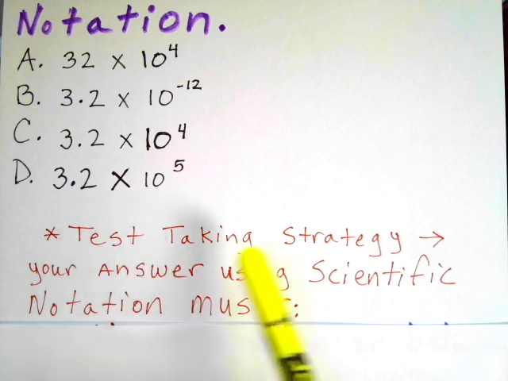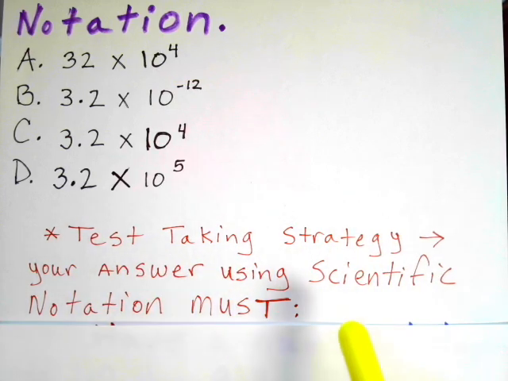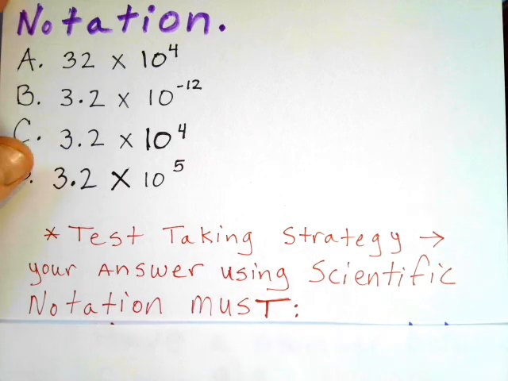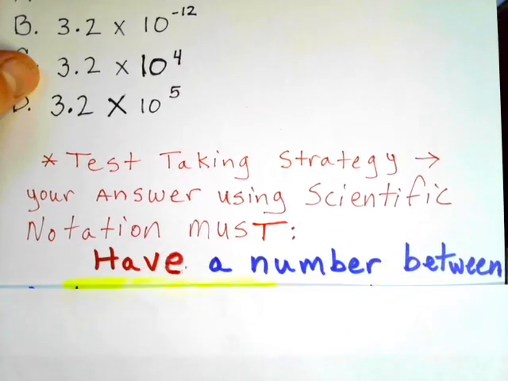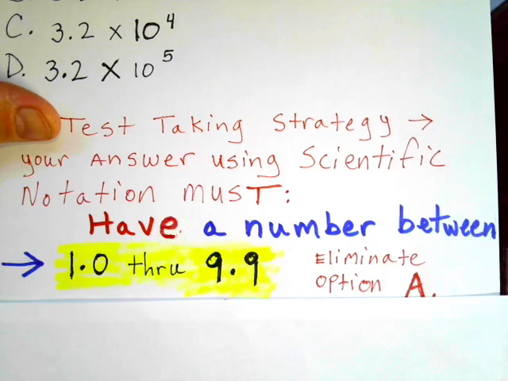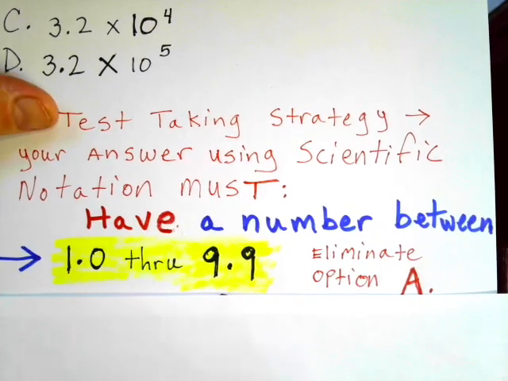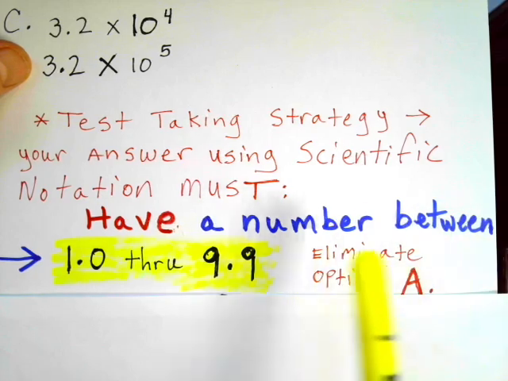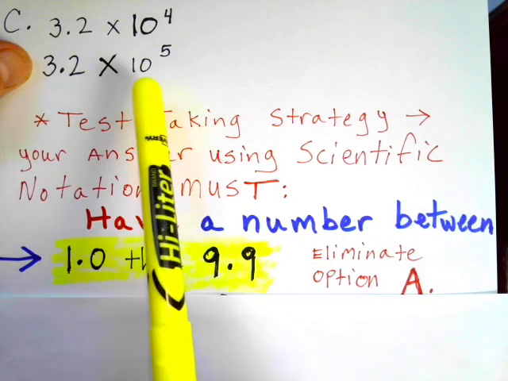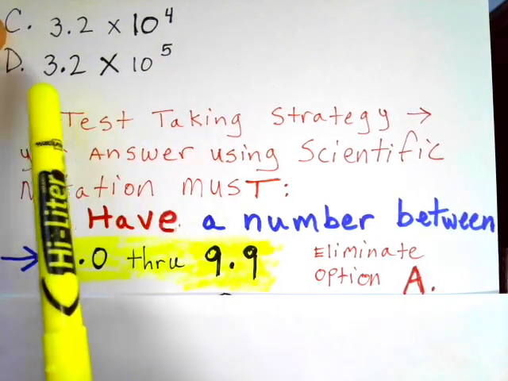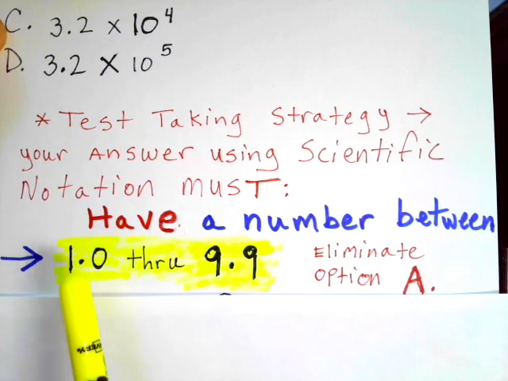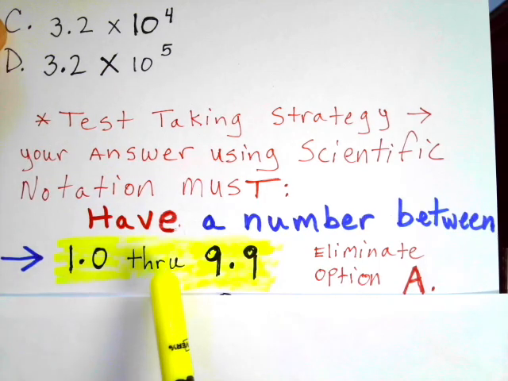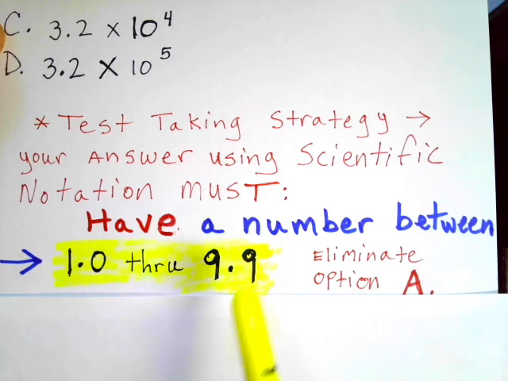You can understand the test-taking strategy by simply understanding your available answers and the rules for scientific notation. In scientific notation, you have a number in front of the times 10 with the exponential power. The number here has got to be between 1.0 and 9.9.